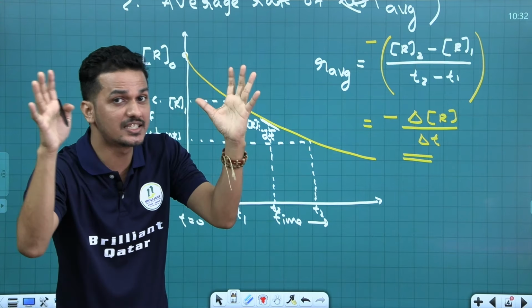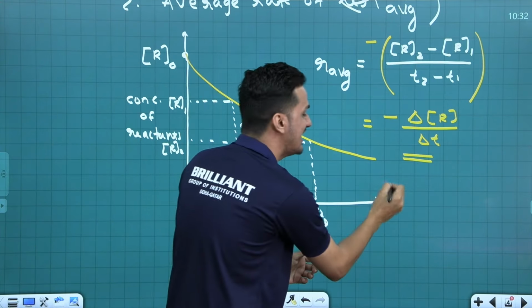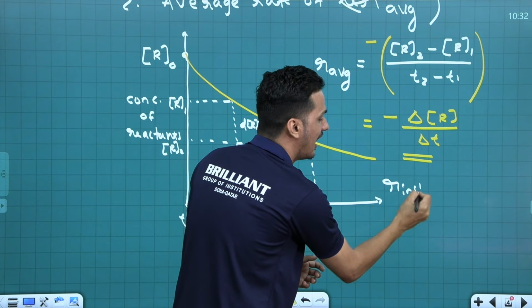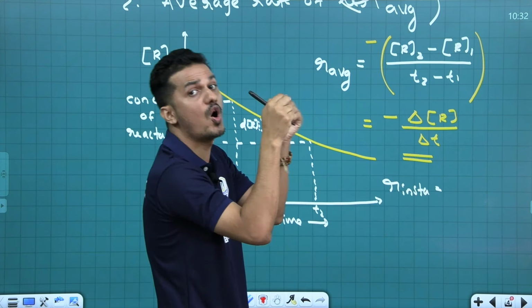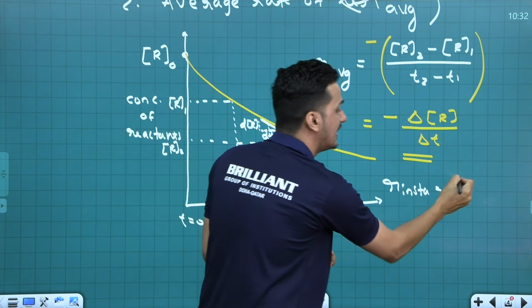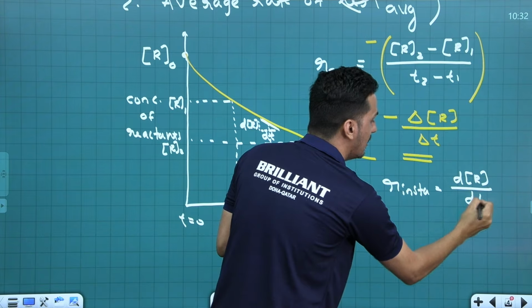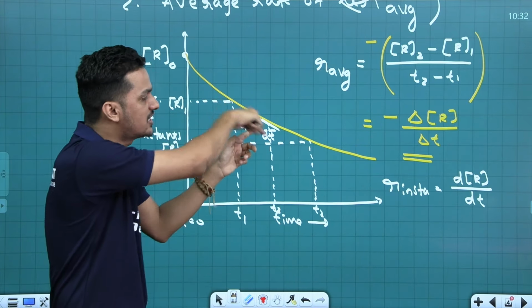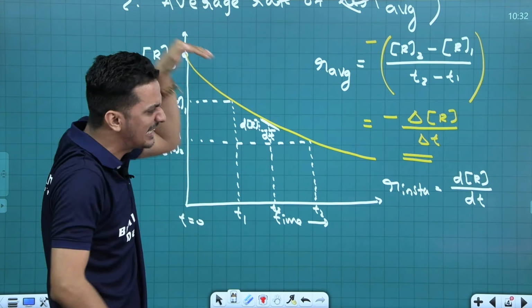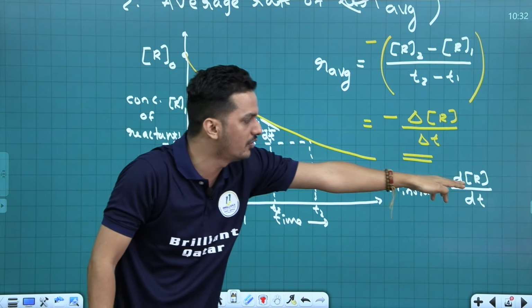Delta means big change. So R insta, how can I write? R insta equal to small change in reactant, that is dr by dt. But you know that this tangent, this slope, is a decreasing slope, so that value will be negative.